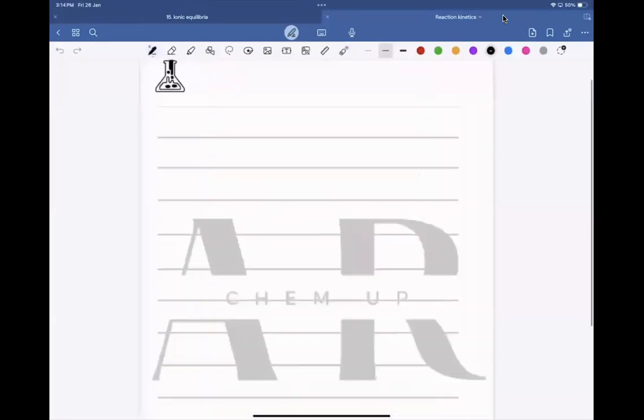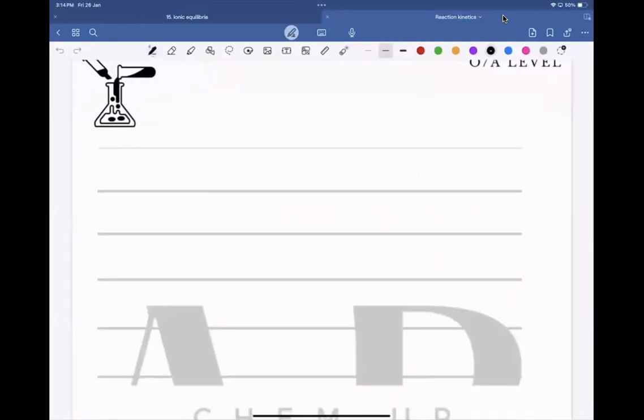तो हमें न्यू टॉपिक स्टार्ट करना है, रिएक्शन kinetics, which is also called rate of reaction.